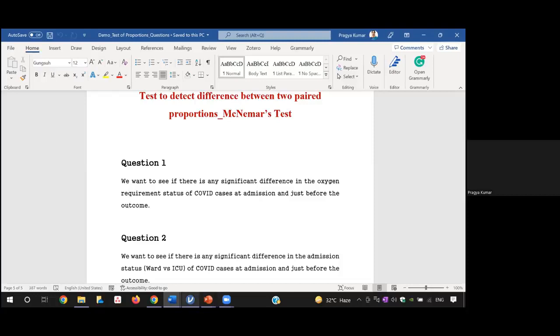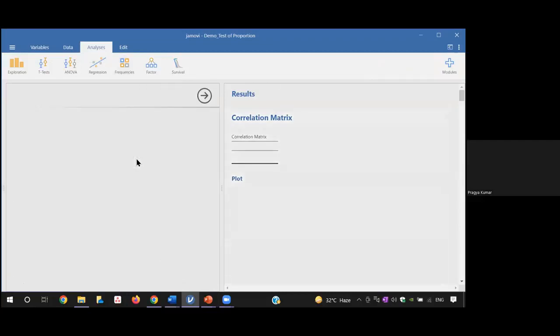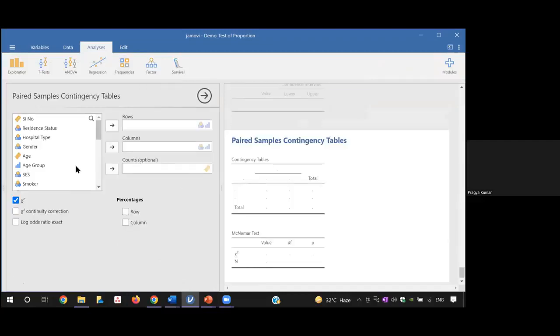So this was one question. If I go back to this Jamovi data set, for this option, you can see there is an option of paired sample. So you click on this paired sample, and then you can shift these variables. There is a row and there is a column. Remember, we have discussed that the independent variable should be in the row and the dependent variable should be in the column. So we have to see the oxygen requirement.